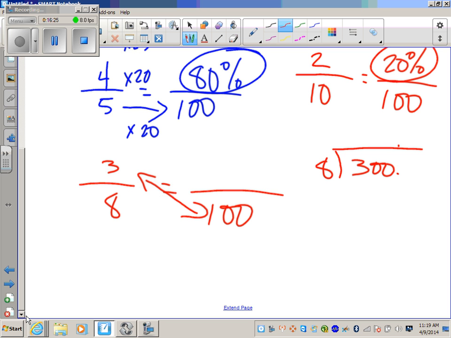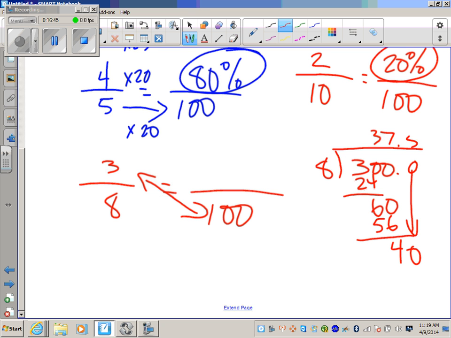So let's take a look and say 8 goes into 30. 8 goes into 60. 7 is 56. 8 goes into 40. 5%.